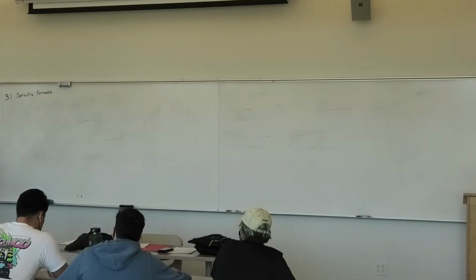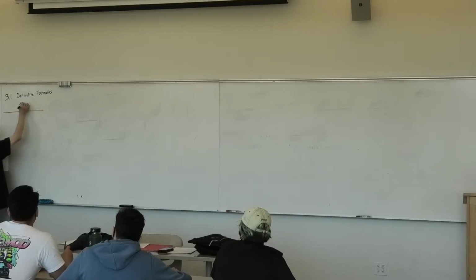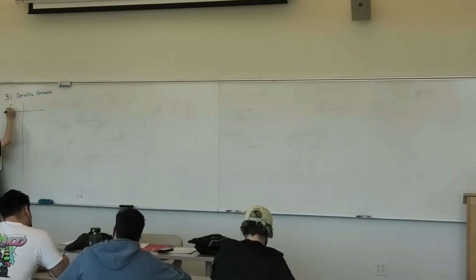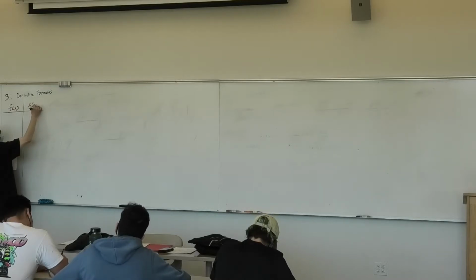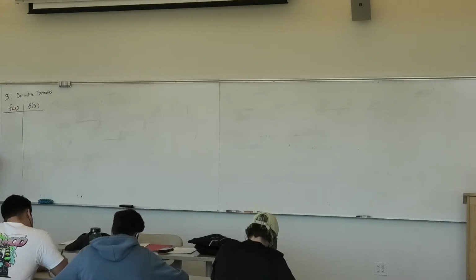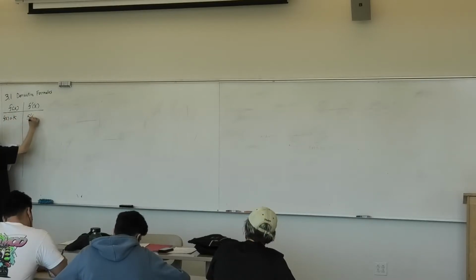Let's first start with a short list here of functions and their derivatives you already know. So we have f of x equals some constant, and the derivative is just 0.